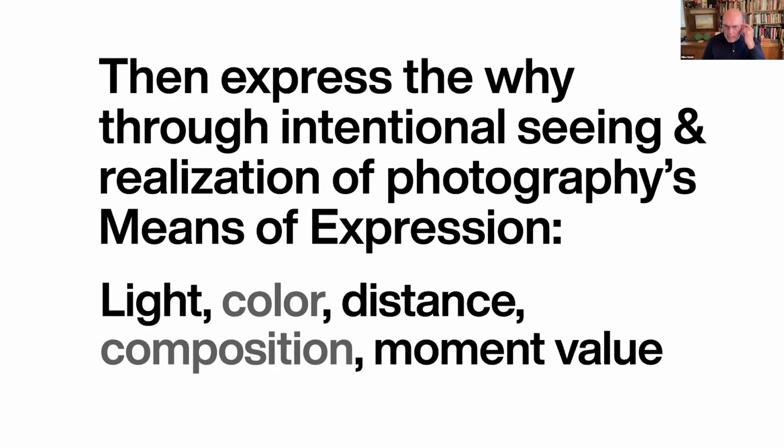And then the idea of moment value is really the realization of the whole process of pushing the shutter. It's not just the individual peak moment kind of expression. It's all the work that you did to understand the setting, all the decisions you made in terms of these other 4 things. So if you can say of a photograph it has really high moment value, it's saying a lot.